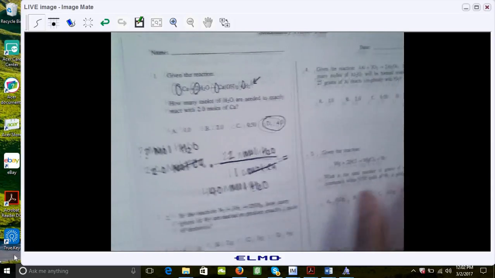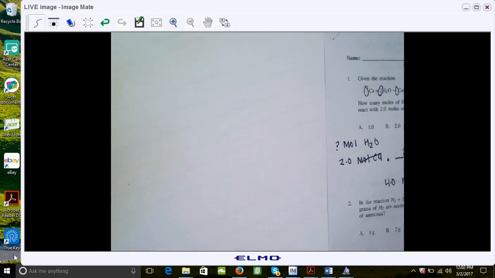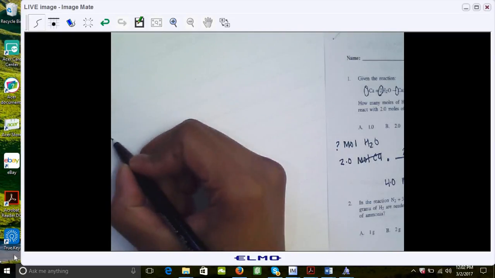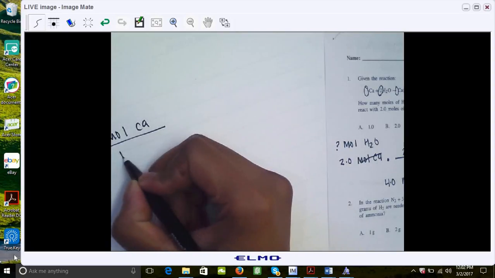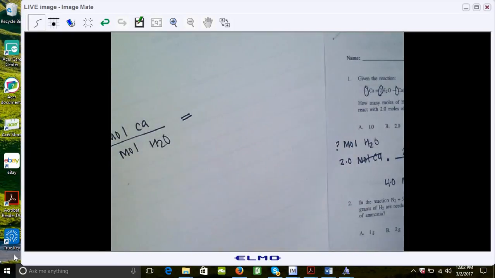So there's another way of doing this too. When we set up fractions, they have to equal each other. So in the problem, I was given 2.0 moles of Ca, and I'm looking for X amount of moles of H2O, and that's to be equal, because again, it's a fixed ratio.